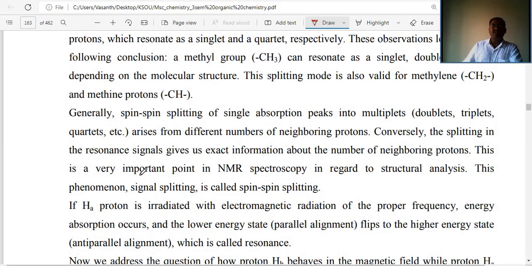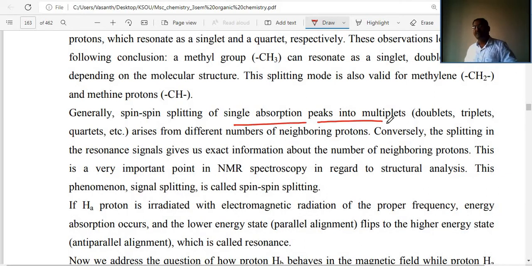Spin-spin splitting of a single absorption peak into multiplets, either doublets, triplets or quartets, arises from different numbers of neighboring protons.